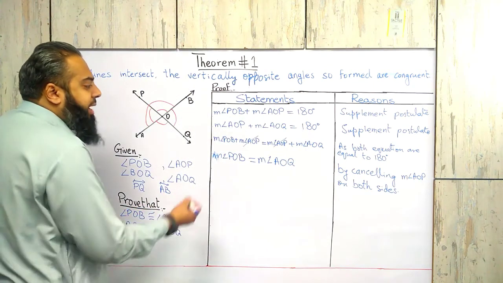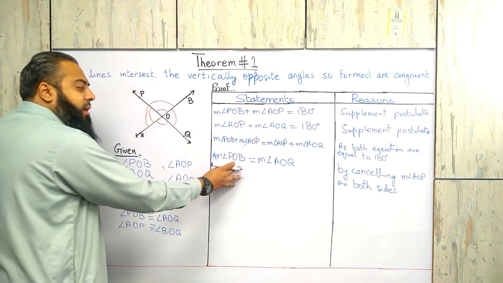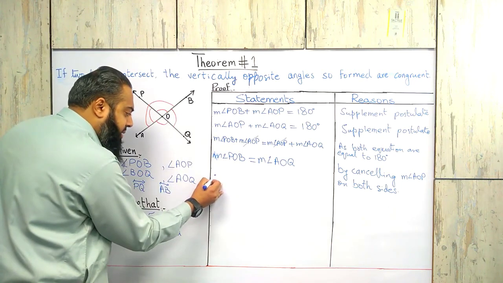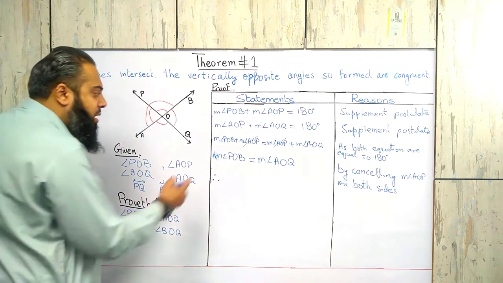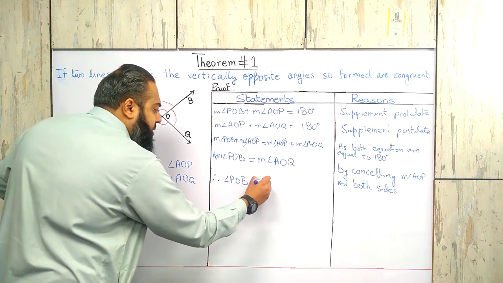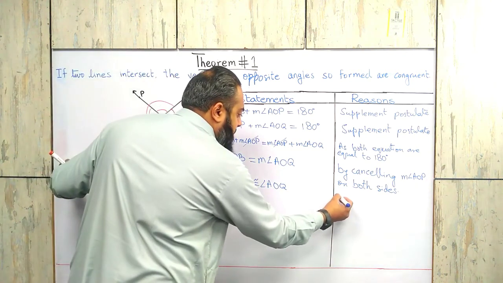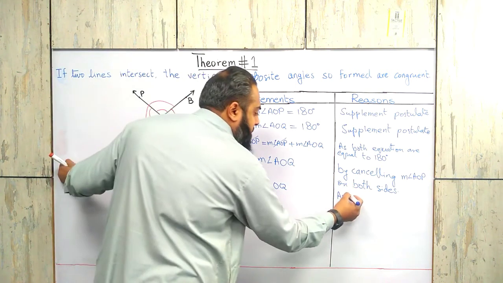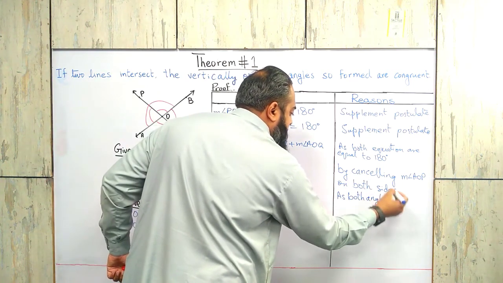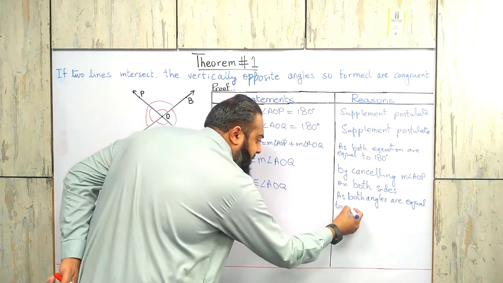Okay, now let's move on. Now what we have over here, if both the angles are equal by measurement, so therefore I'm going to place three dots over here, which means therefore angle POB will be congruent to angle AOQ, as both angles are equal to each other.